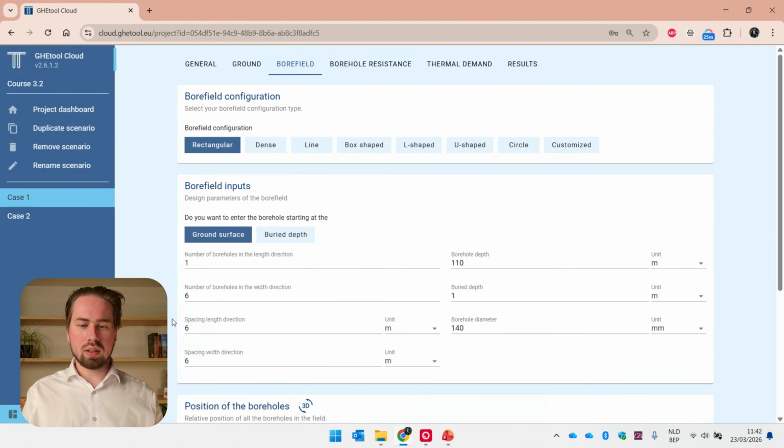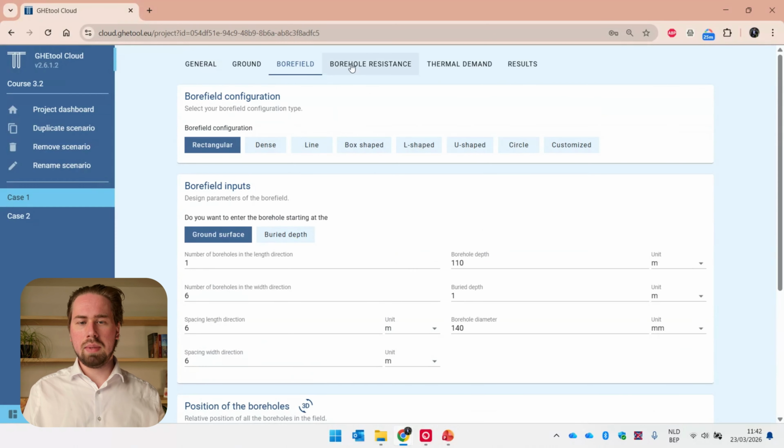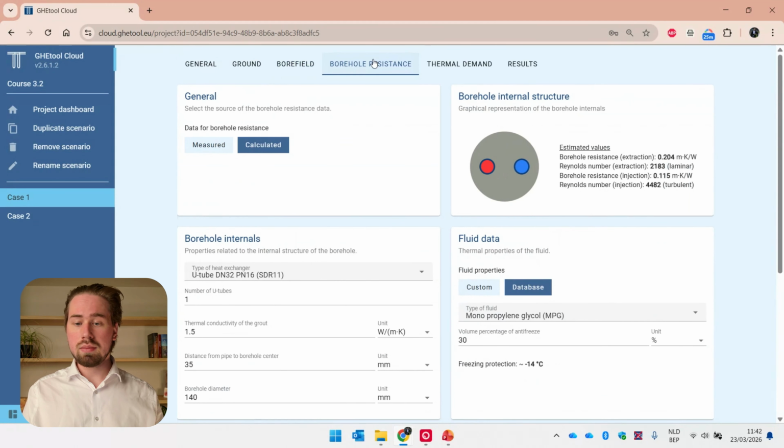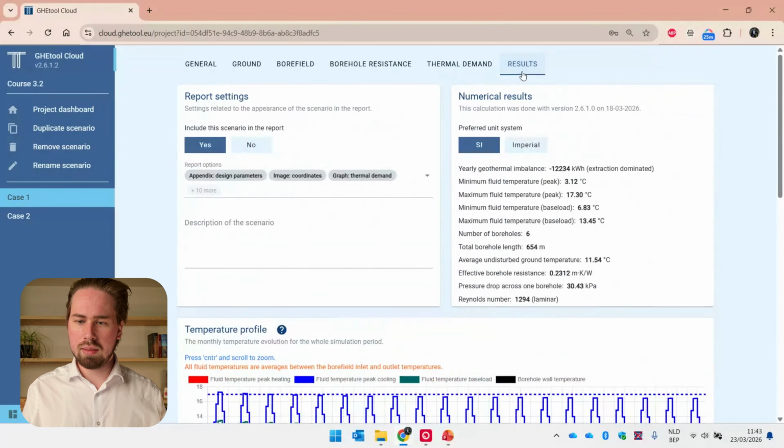We have a borefield of a line of 6 boreholes of 110 meters, 30 volume percent of monopropylene glycol with a certain flow rate, and we have a thermal demand with a significant imbalance and a certain cooling demand.